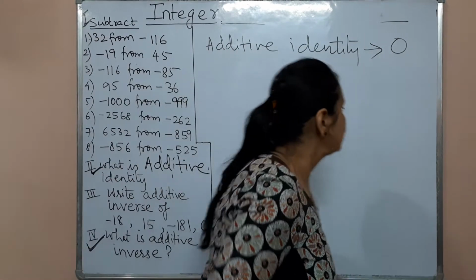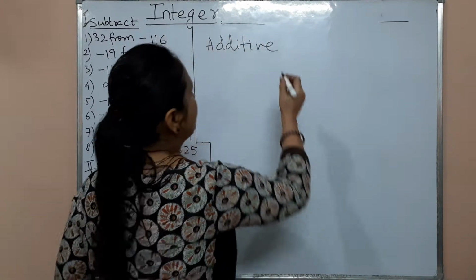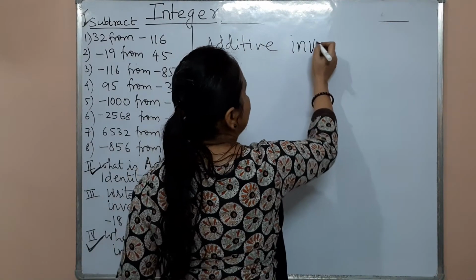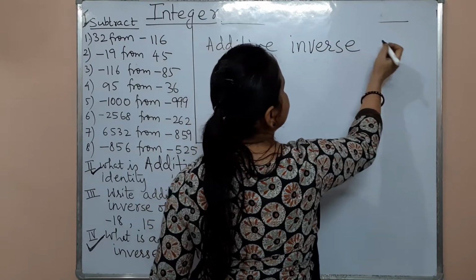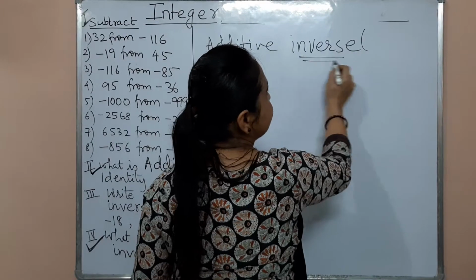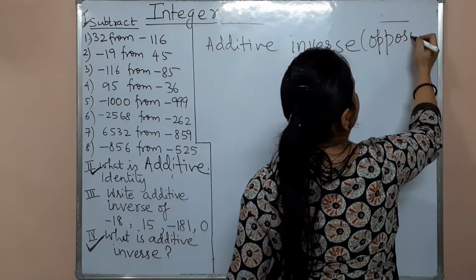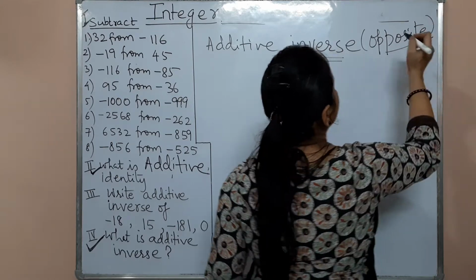Now let us come to the next one, additive inverse. What do you mean by inverse? Inverse का मतलब है, obviously this word itself suggests opposite. Inverse का मतलब opposite, right?